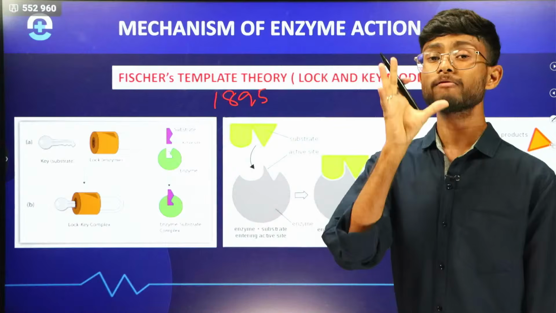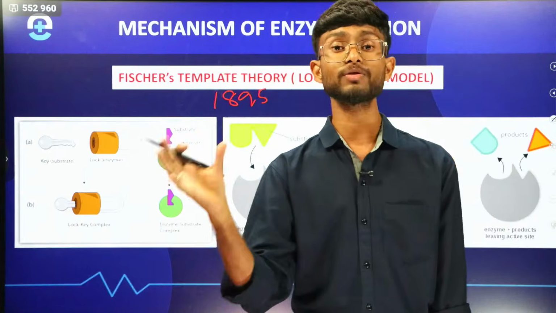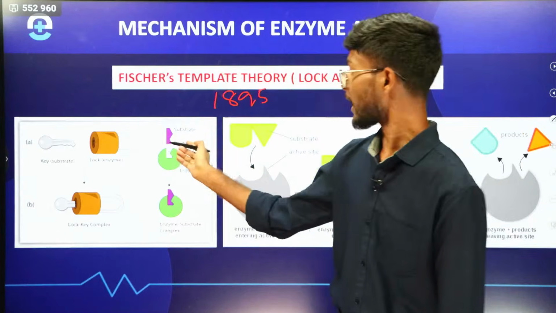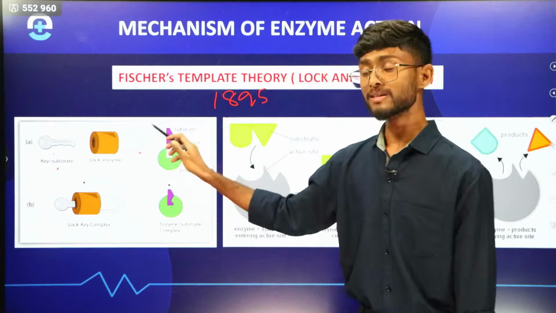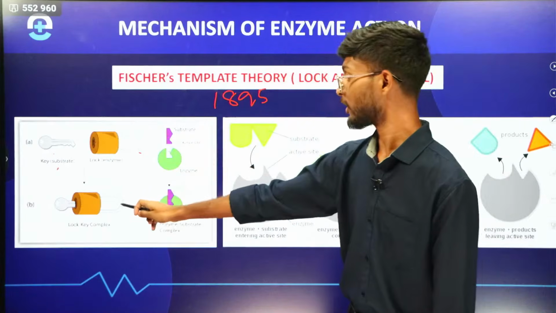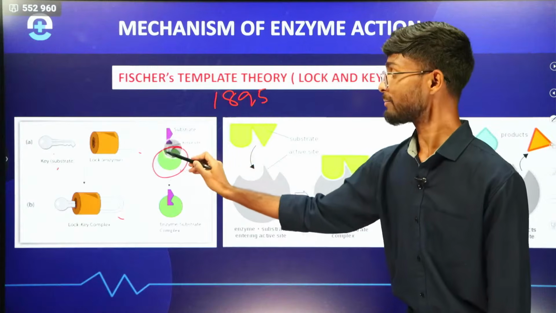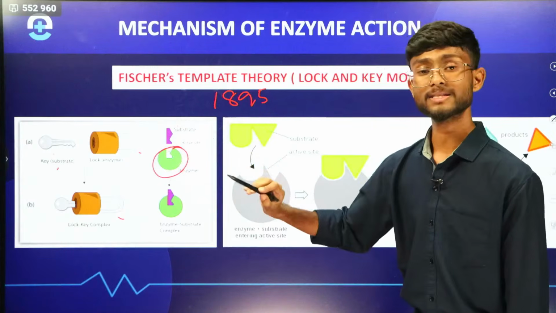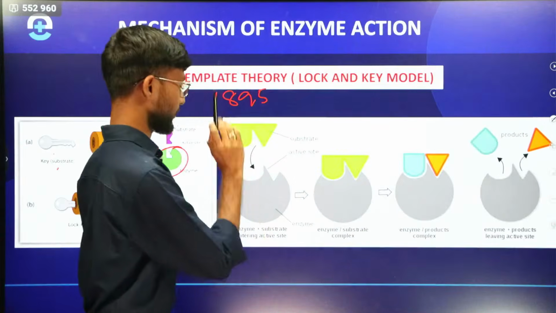For a particular enzyme, there will be a particular substrate which binds together. You can observe here, this lock has a key which binds and opens the lock. Likewise, the enzyme has a shape which binds the substrate and forms the enzyme substrate complex.